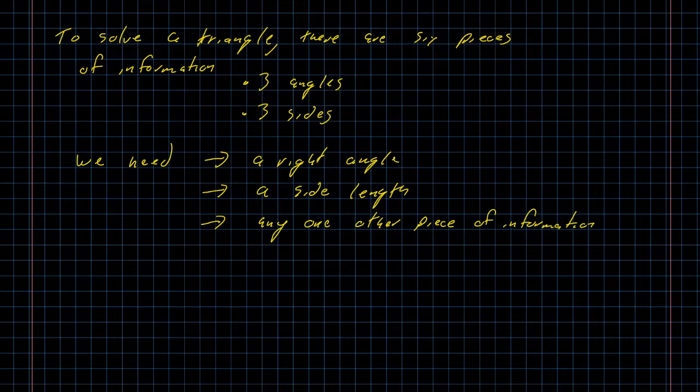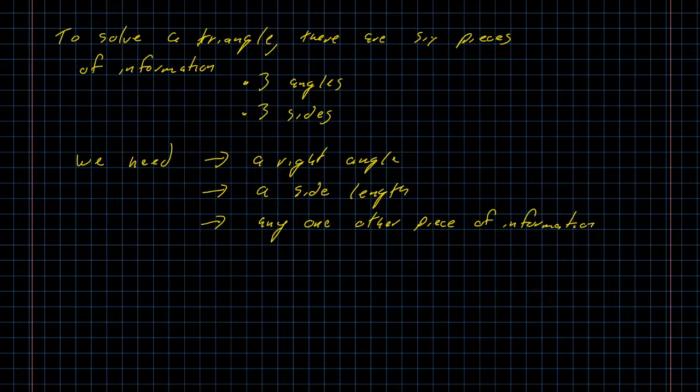In order to solve a right triangle, we're going to need 3 pieces of information. We need to know a right angle, we need to know that it is a right triangle, and we need to know which of the angles is the right angle in the right triangle.